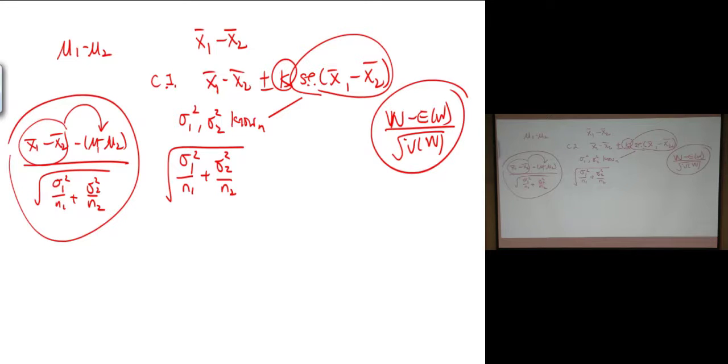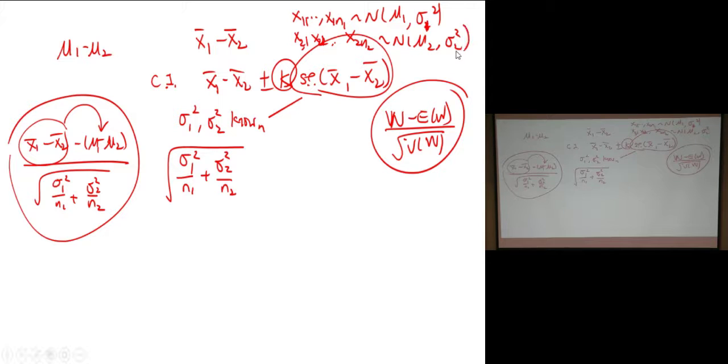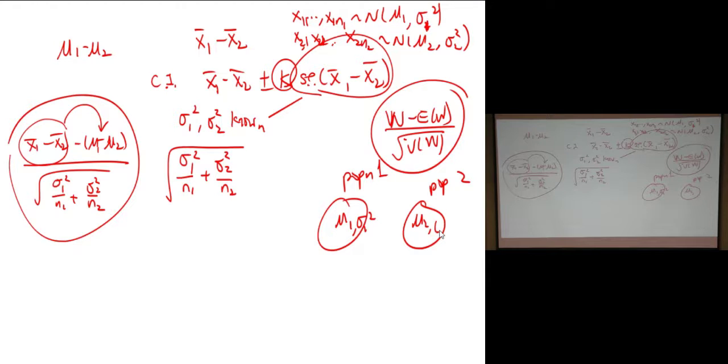All right? So what is the distribution? If x11 up to x1n1 are taken from a normal with mu1 and sigma 1 square, and x21, x22 up to x2n2 from normal mu2 sigma 2 square, that means population 1 has mean mu1 and variance sigma 1 square, and population 2 has mean mu2 and variance sigma 2 square.